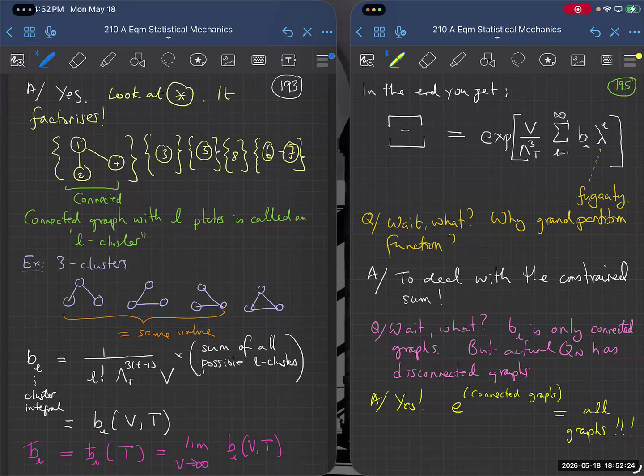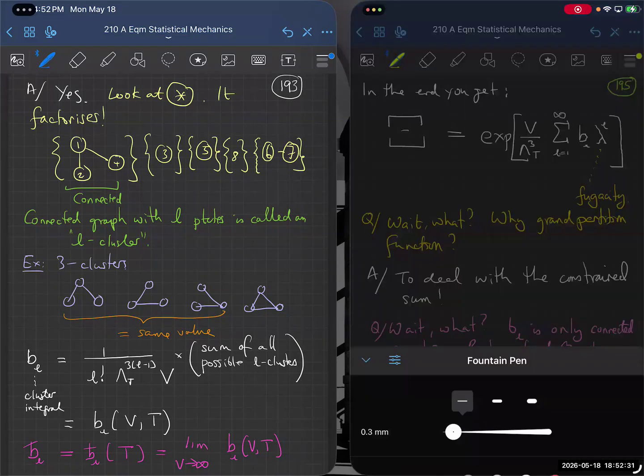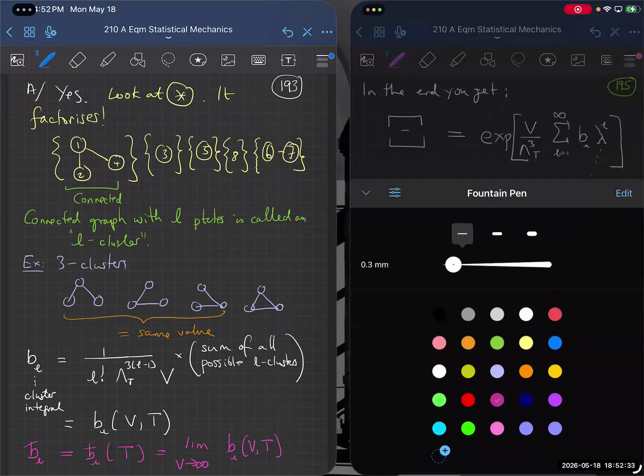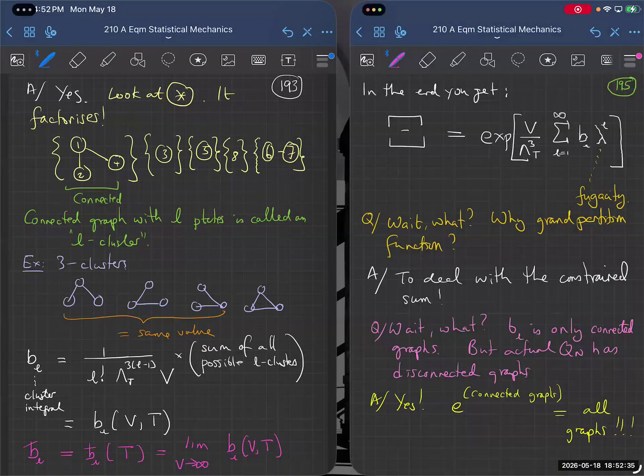The graph theory enables us to reduce the huge amount of work, and this result, the one that is up there, is called the linked cluster theorem.